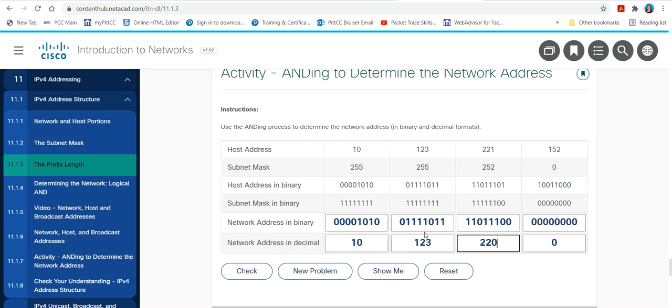So technically you could get away with only converting the one that's different. In that case, the third octet would be the only one that you would need to do. So again, the all 1s would be the same. With the zeros, it would be all zeros that fall through.